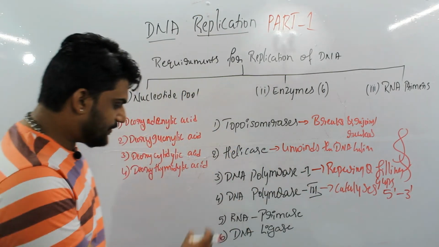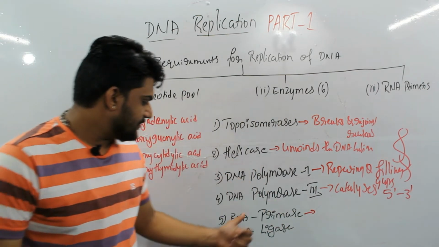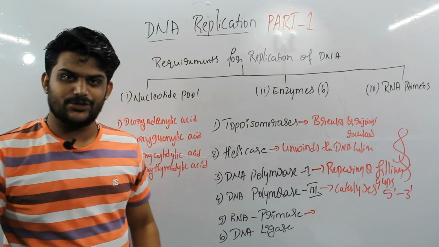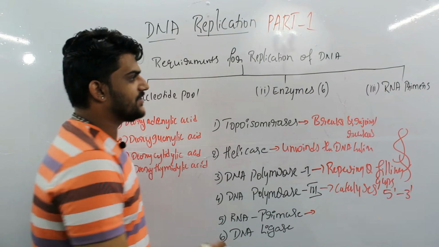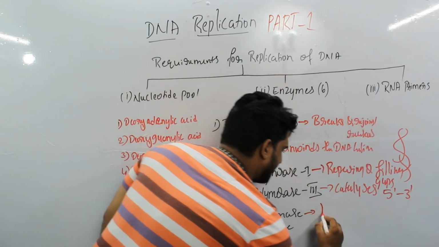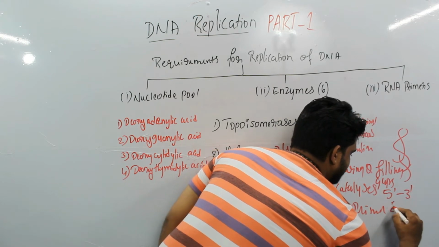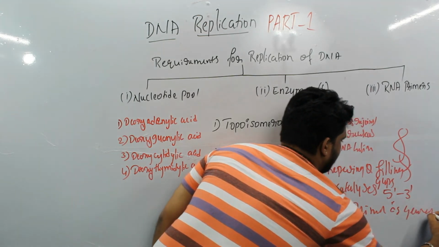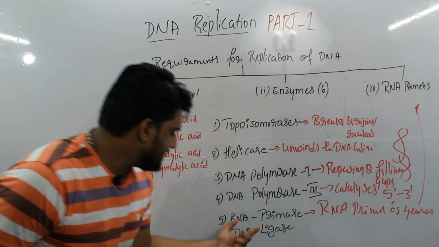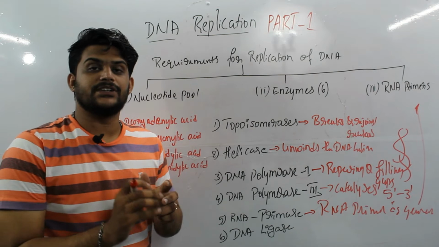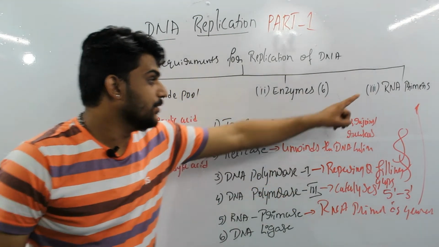And the fifth enzyme, that is primase, the RNA primase. This is a very important enzyme which gives rise to the RNA primer. The RNA primer is generated. So you can directly put an arrow mark here. So this is RNA primase, a very important function. I'll tell you about this RNA primer later.